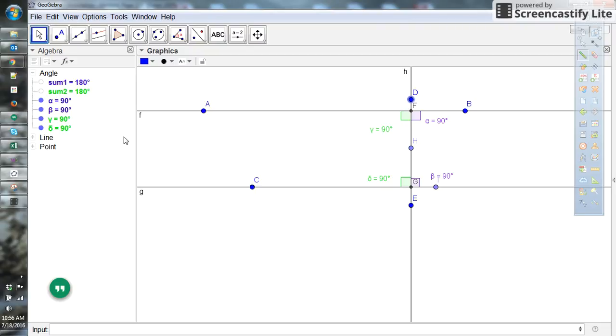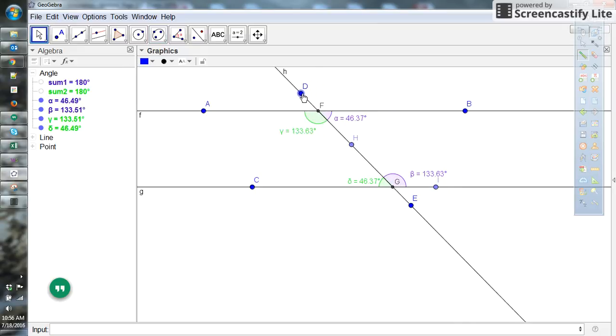Okay, so that is really the gist of it. That is your consecutive interior angles. They are usually not congruent. They're only congruent when the transversal is perpendicular, like in this case. But the pair always adds to be 180 degrees.